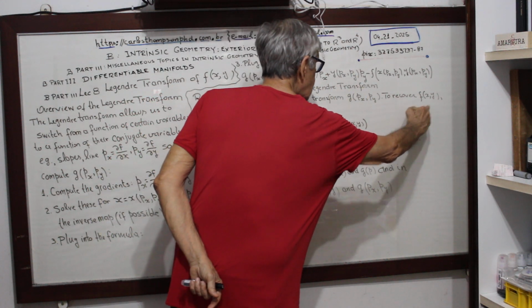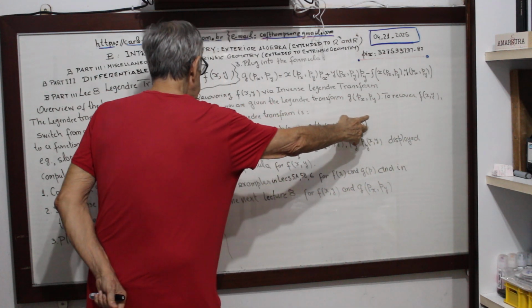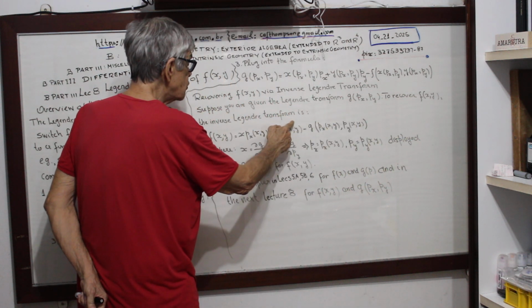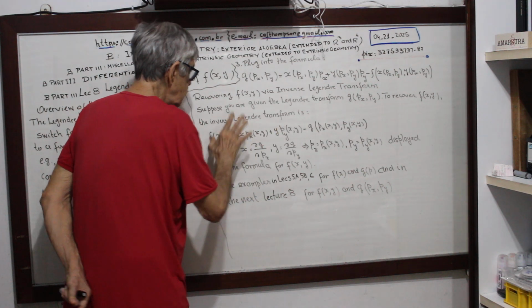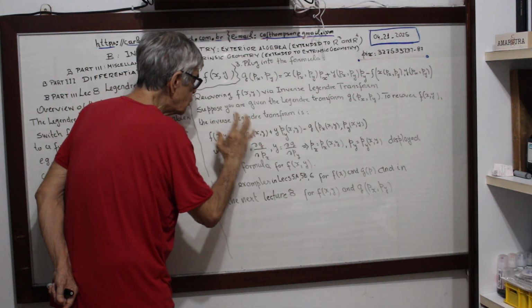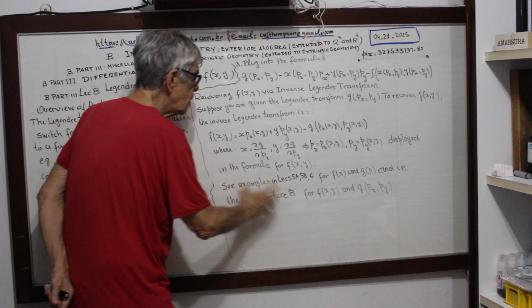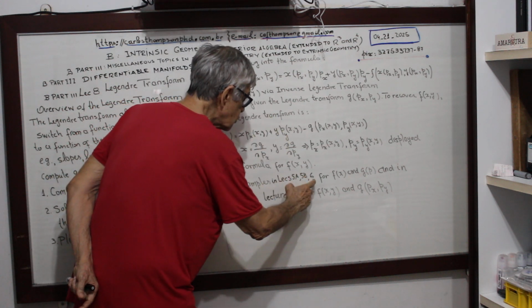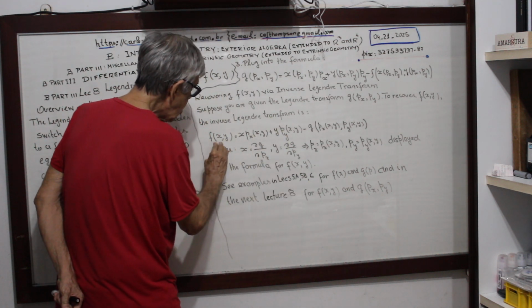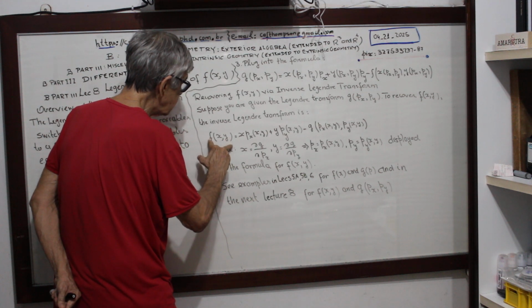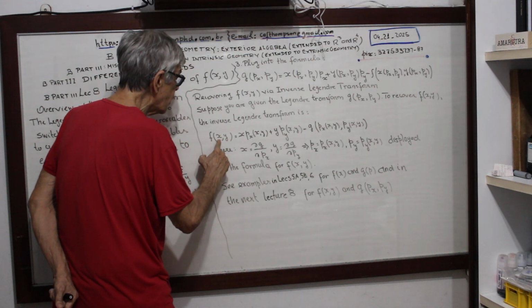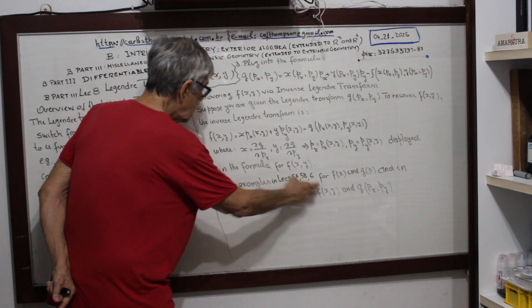Now, to recover f of x and y, the inverse Lagrange transform is, you see, it's important. I insist, look, for instance, in lecture 6, you see how to recover f of x there.